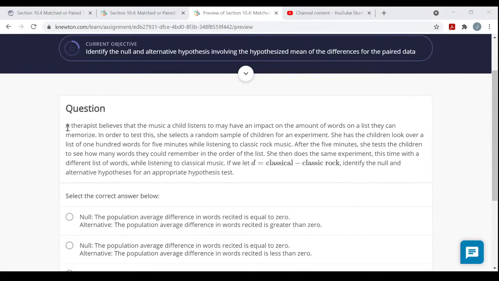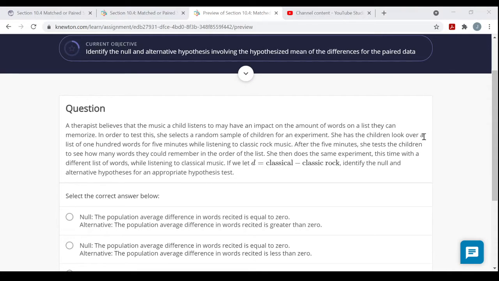Okay, so here, a therapist believes that the music a child listens to may have an impact on the amount of words on a list they can memorize. In order to test this, she selects a random sample of children for an experiment.